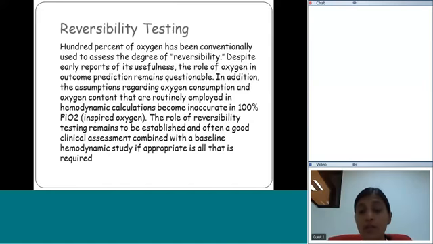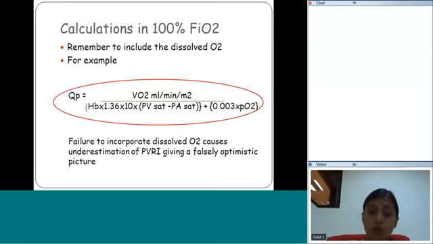So just to illustrate, you remember I told you about oxygen content. Here you see, when you are giving 100% oxygen, you not only use the oxygen that is bound to hemoglobin, but you also use the dissolved oxygen that you get from the gas, and you have to multiply it by a factor of 0.003. Then you add the two bits of oxygen up, and that gives you the total oxygen content.